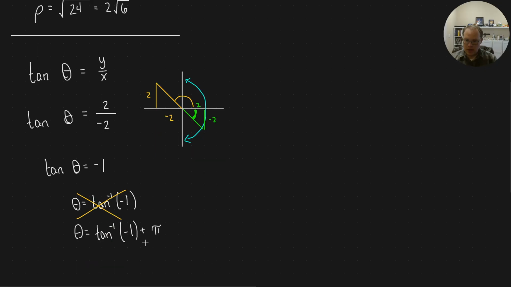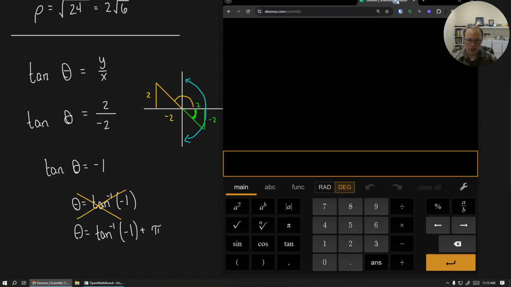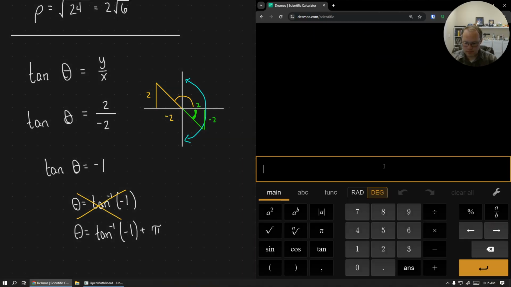Now, this arctangent of -1, you might know it off the top of your head. If not, you could pull out your calculator. Arctangent of -1 plus pi. Now you want to be careful here. We're in degree mode right now. We want to be in radian mode. By the way, in degree mode, it's a little easier to see what the true output is. It's -45 degrees.